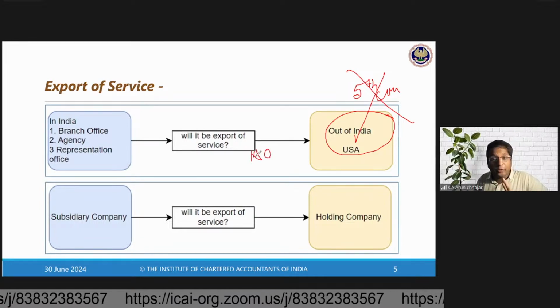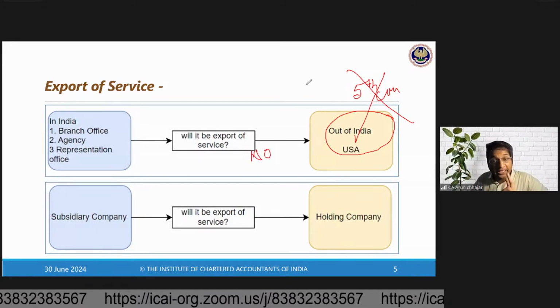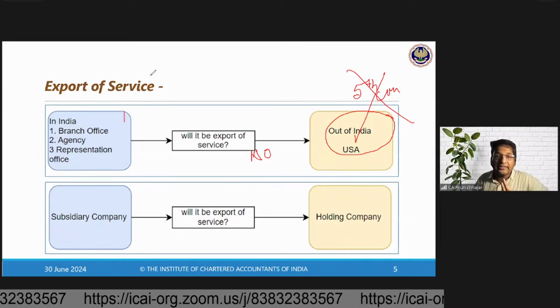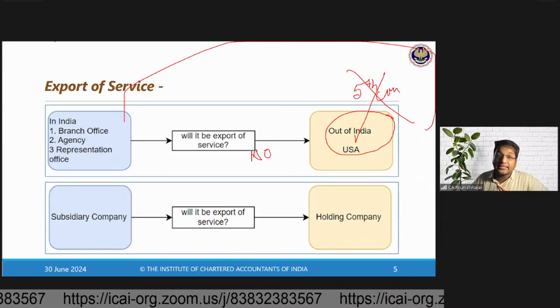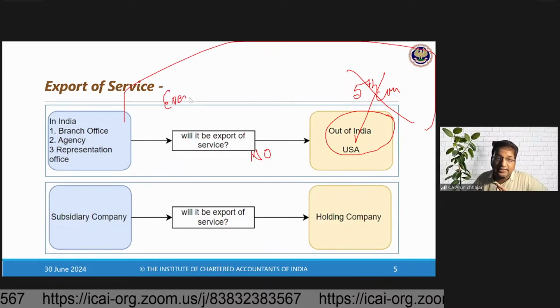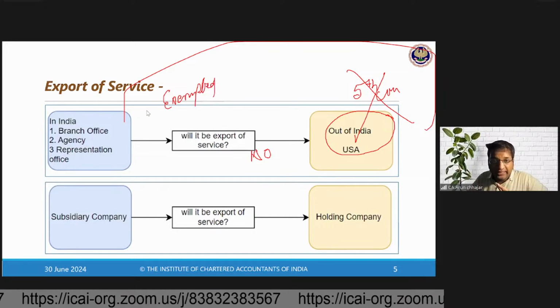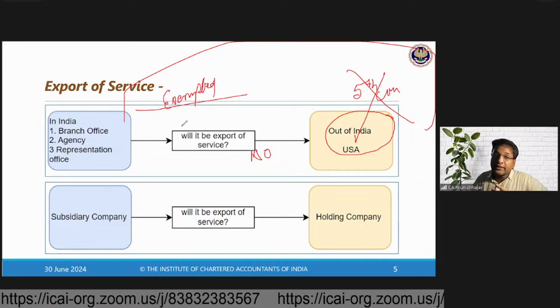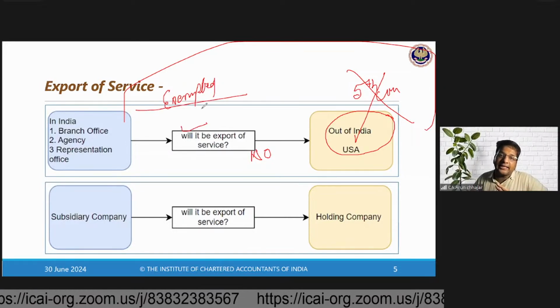But at the same point of time, if you read the exemption notification, you will find that this service is exempted in the GST. So actually there is no tax implication, only the point is, instead of export, it will be treated as exempted.